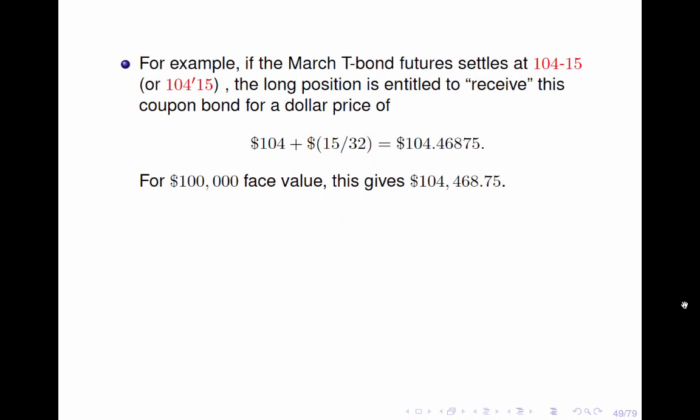For example, if the March T-bond futures settles at 104-15, or 104'15, the long position is entitled to receive this coupon bond for a dollar price of 104 plus 15 32nds, which is equivalent to $104.46875.